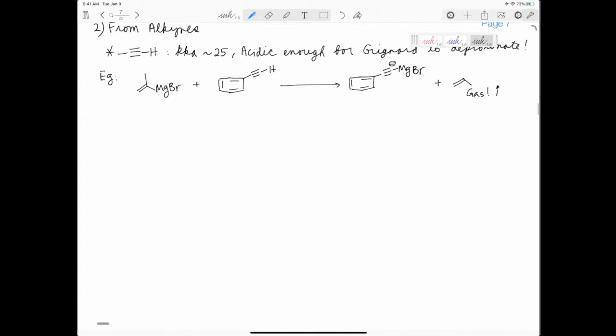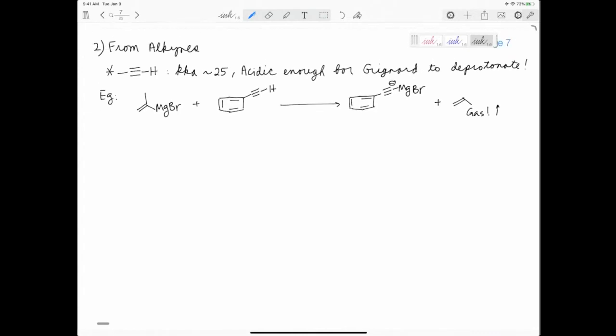Okay, let's look at another example just to be sure that you're understanding what's going on. Every time you see something with less than 4 carbons, for example, with a Grignard and any alkyne, rather a terminal one, what you get is this here.